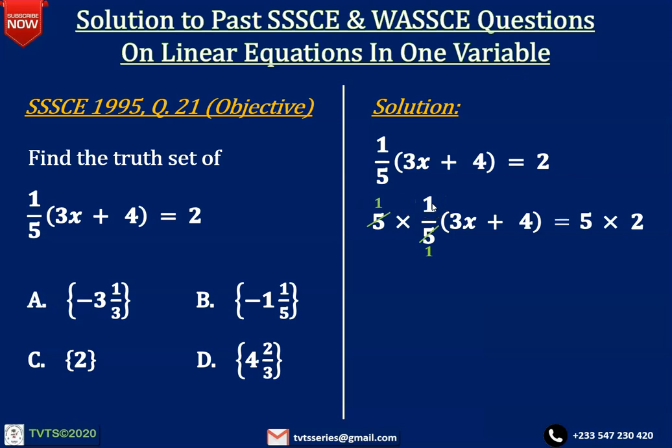And so what we have to do is to get rid of the brackets by distributing 1 over 3x and 4. So we have 1 times 3x to be 3x and 1 times 4 to be 4.